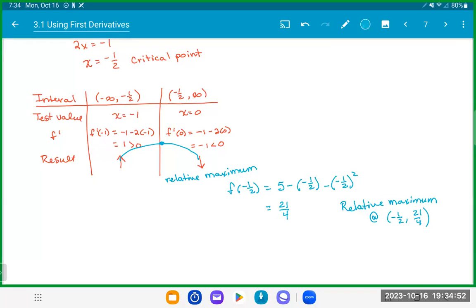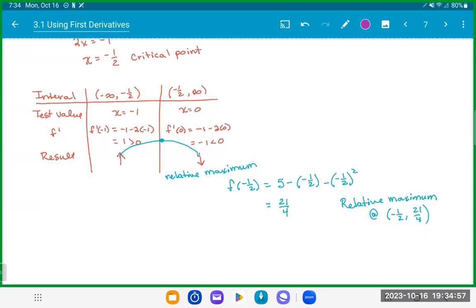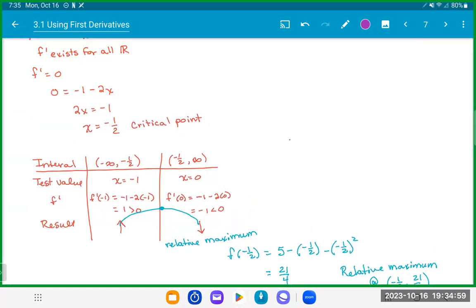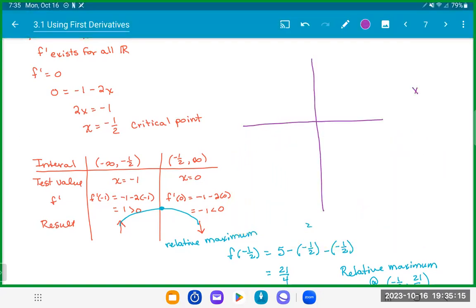This time, though, this asked us to also include a graph. So I'll just do that over here. One of the things that we can do is build a table to help us get some more points. We'll put f of x here instead of y, same difference though.